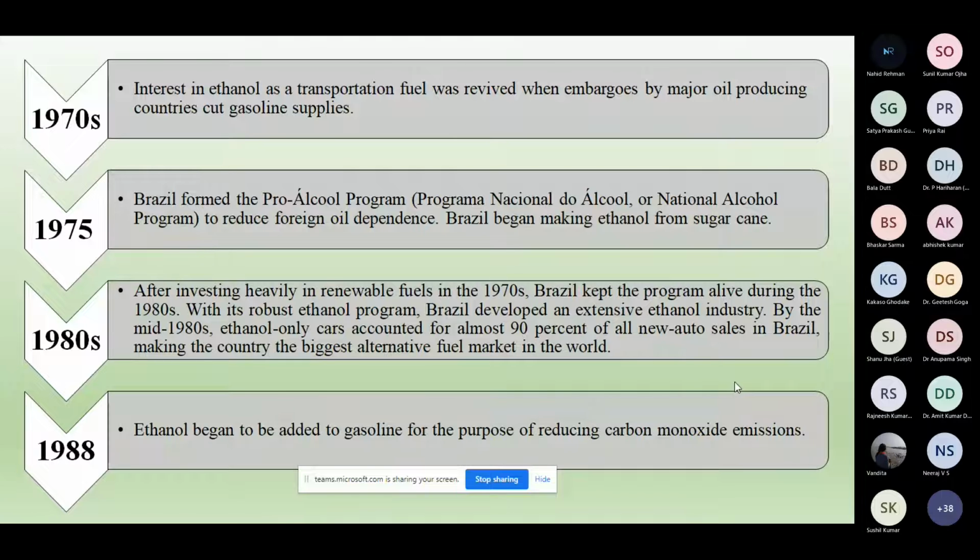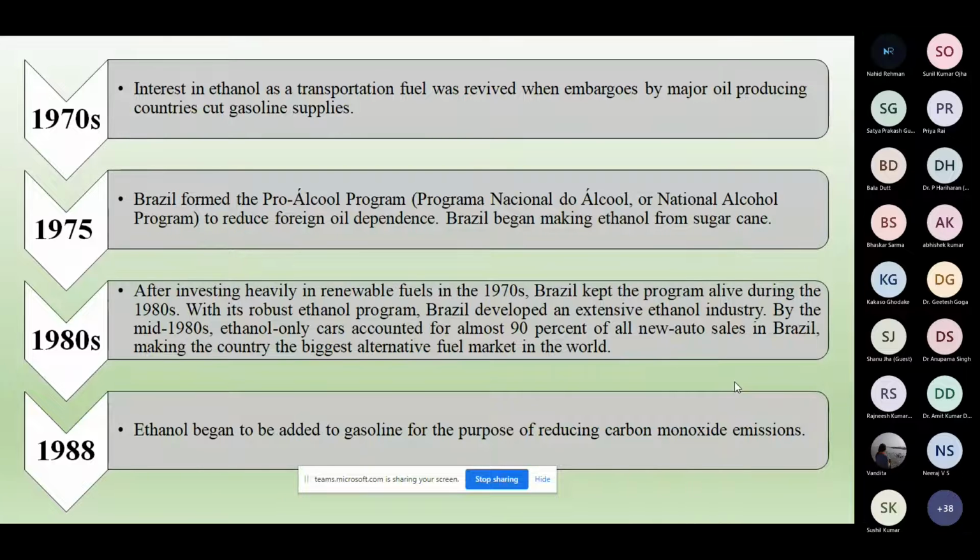In the 80s, after investing heavily in renewable fuels in the 1970s, Brazil kept the program functional during the 80s and had a robust ethanol program by that time with a developed ethanol industry. They had ethanol-only cars and many other auto sales.